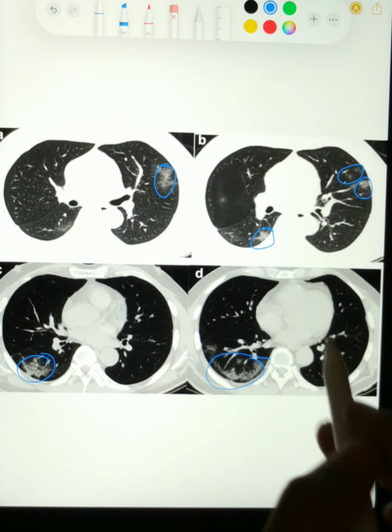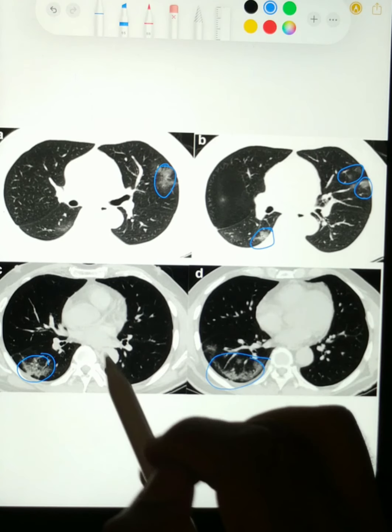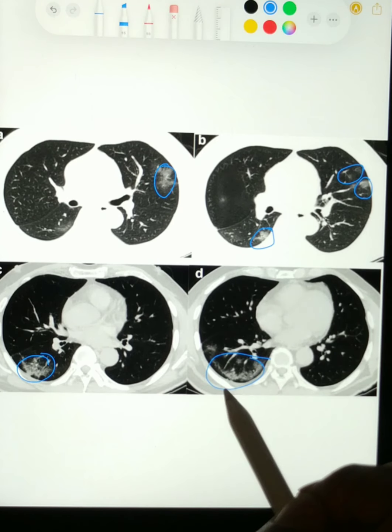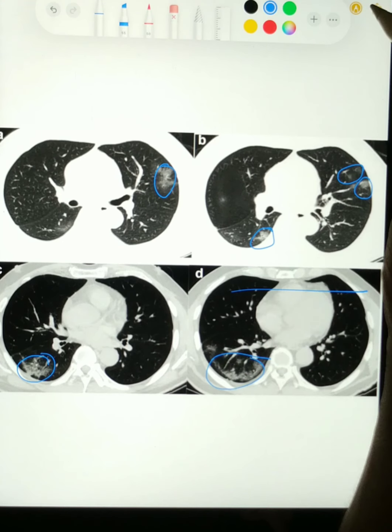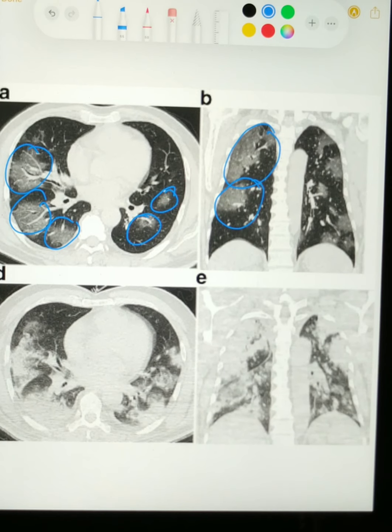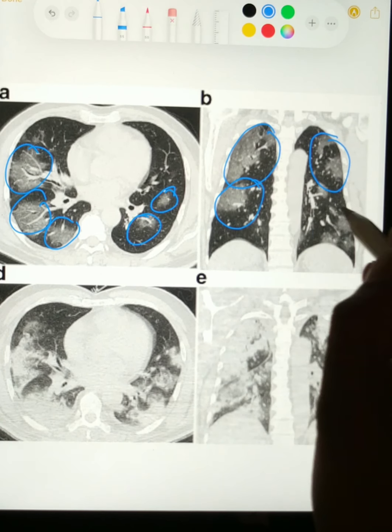So in most of the films, the patch of the opacity is peripheral, subpleural in location. In this film, you can easily see the area of ground glass opacity here. In this coronal film, you can see the area of ground glass opacity.